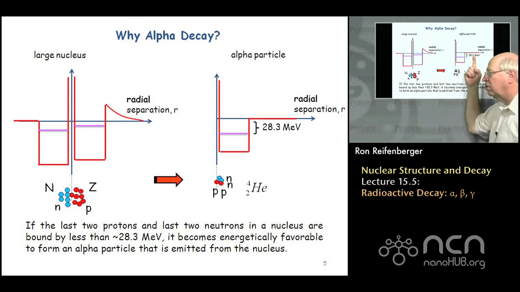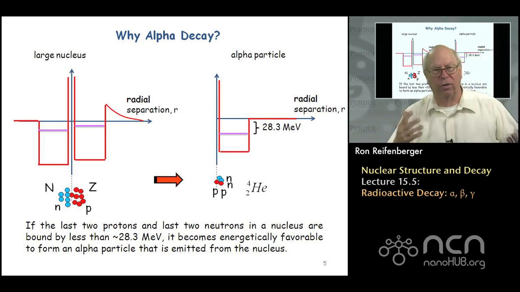So again, our zero of energy involves infinite radial separation between these 4 nucleons. When the 4 nucleons are brought close to one another, within a femtometer or so, they form this very stable bound state. It's bound by 28.3 million electron volts, and that's referred to as the alpha particle or the helium nucleus.